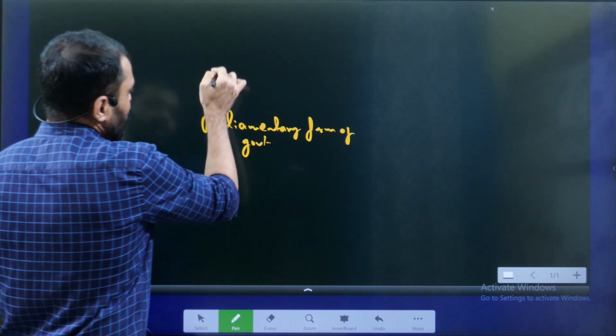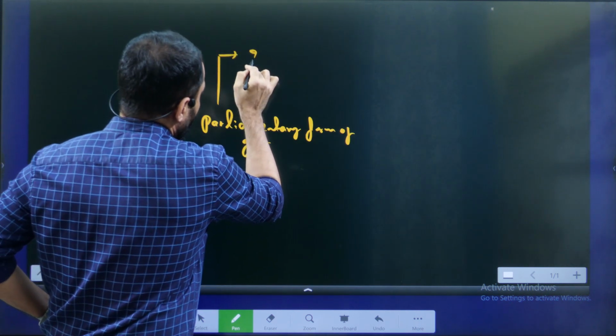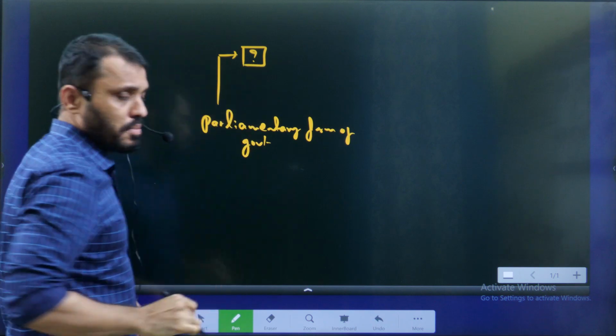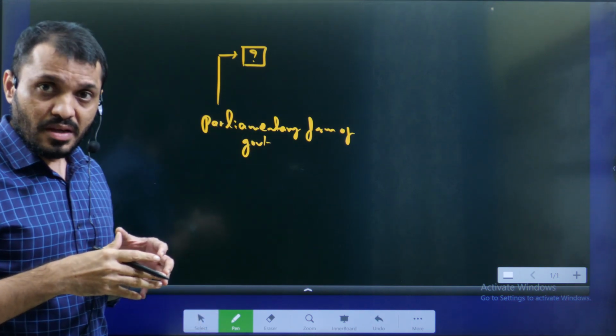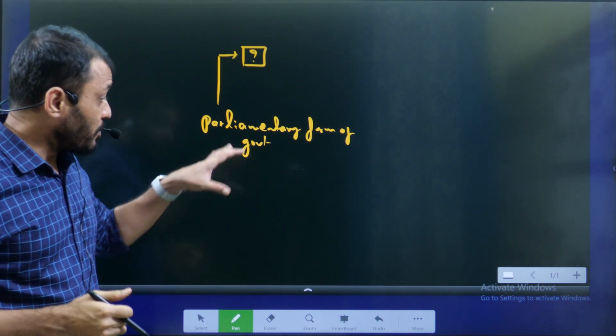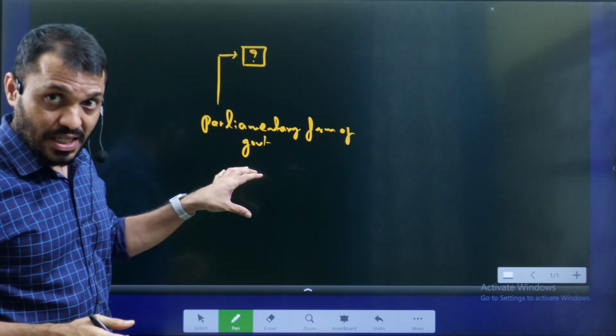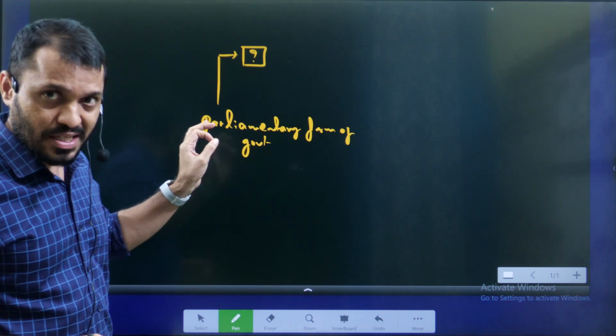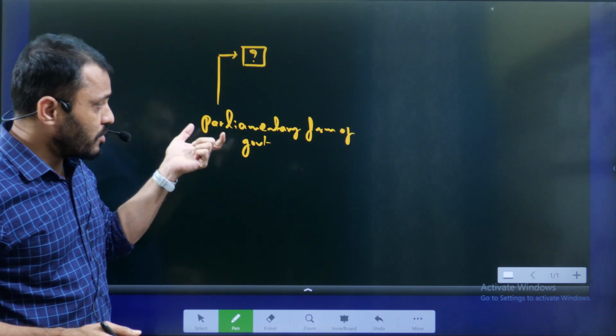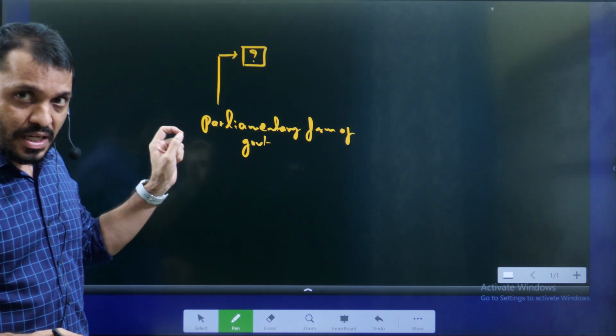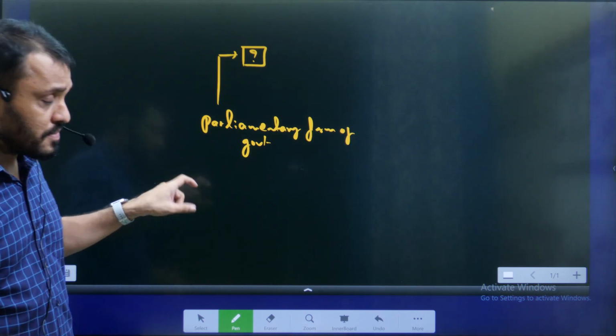Try to recall, students: which article of the Indian Constitution perfectly reflects that India follows the parliamentary form of government? Try to put the right answer below in the comments.